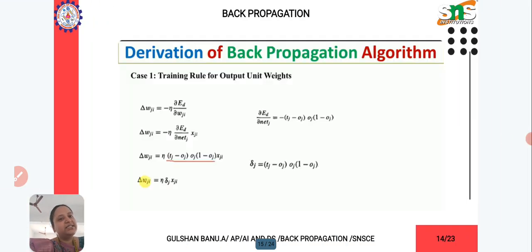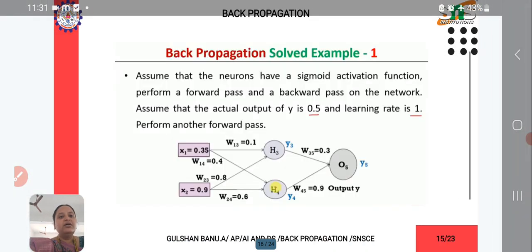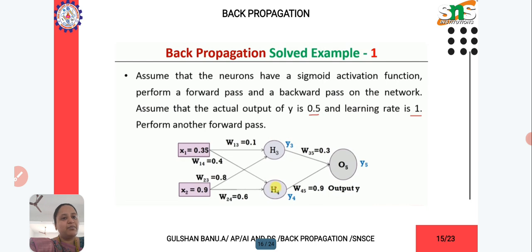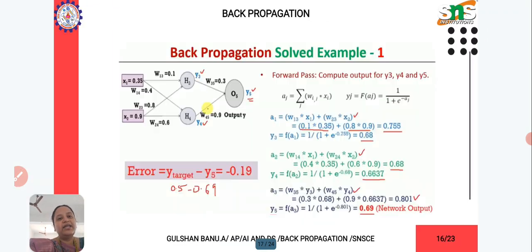So in this case 1, these are certain kinds of values that we have derived. Now this is a solved example. You have the weight and the input value. You multiply them, and based on the multiplied value you calculate the output. I have already explained how the process is executed. h3 is taken into account based on the weight and the input: w_13 into x value plus w_23 into x value.